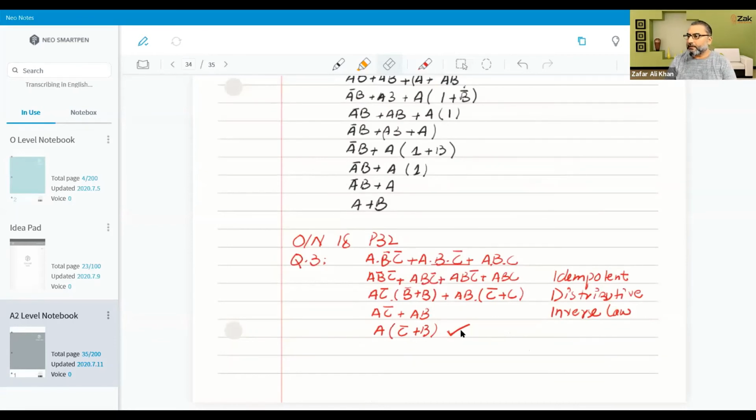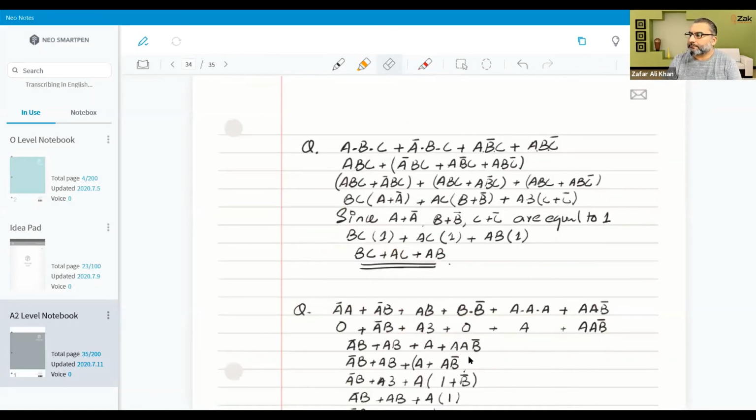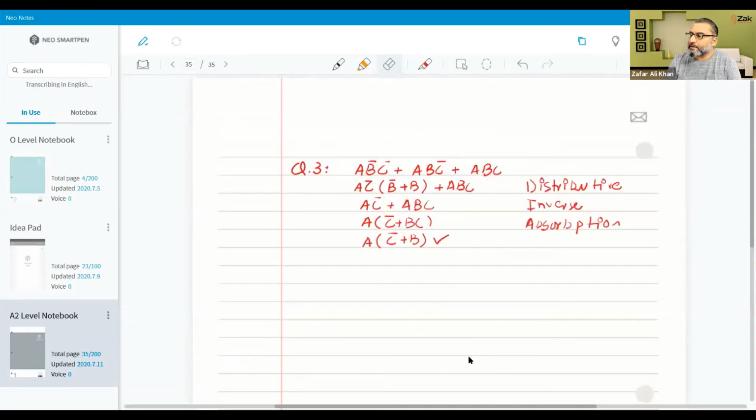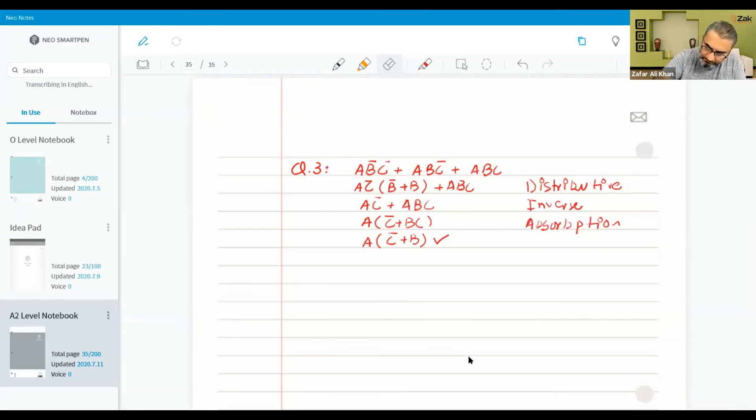Over here idempotent, distributive, and inverse, and over here in this question I have distributive, inverse, and absorption law. ठीक है, सो ये आपको ज़हन में रखना है.